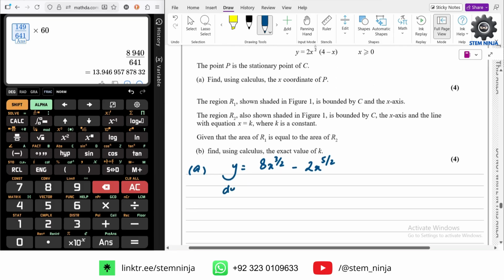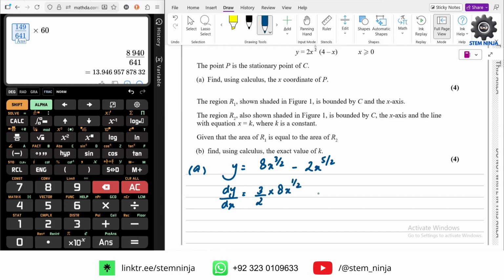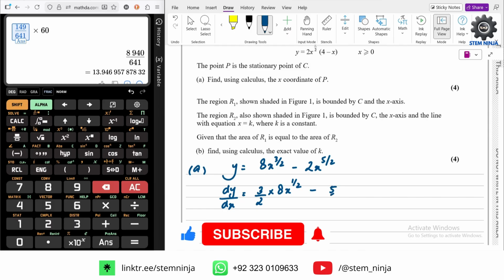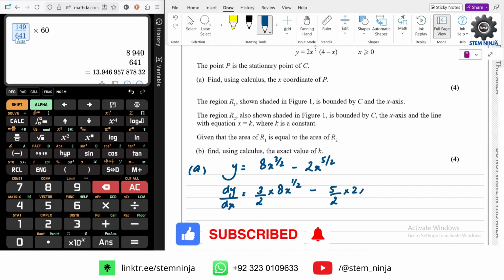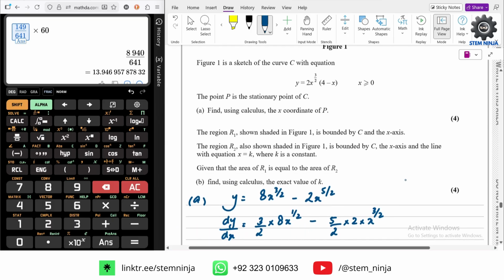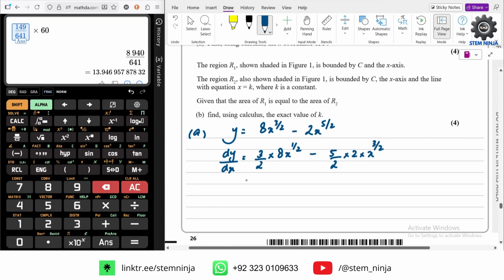So dy by dx would be 3/2 times 8 times x^(1/2) minus 5/2 times 2 times x^(3/2). So that is 12x^(1/2) minus 5x^(3/2).